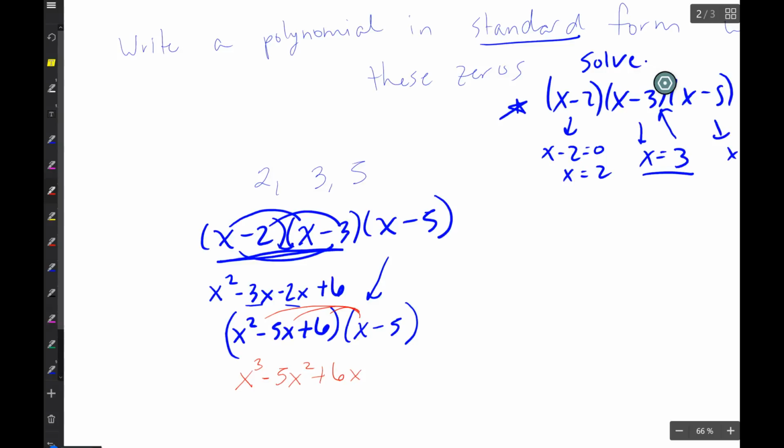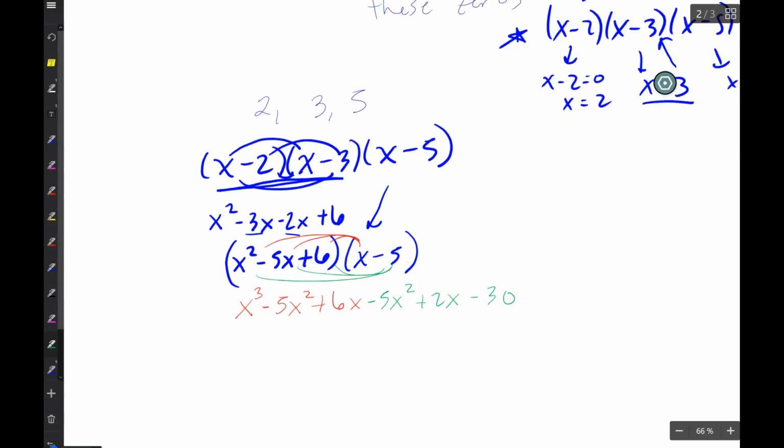And then when I multiply everything by the negative 5, I would have negative 5x squared. What's negative 5 times negative 5x? 25x. And then what's negative 5 times 6? Negative 30. Are there any like terms I can combine?